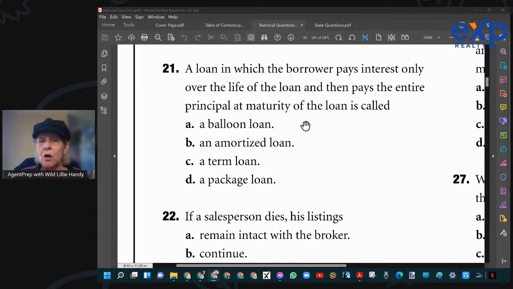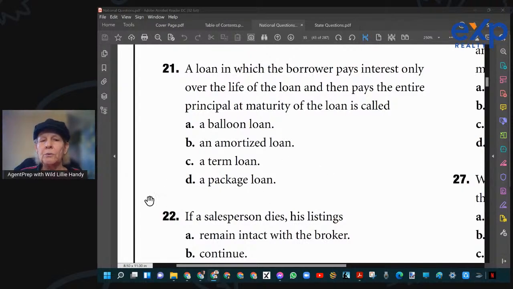A balloon loan would be a loan where they pay principal and interest every month, but at the end of the maturity date, they pay the whole balance due. An amortized loan is a 15-year, 30-year, 10-year, a regular type of loan, and at the end of the payments, it's paid off.